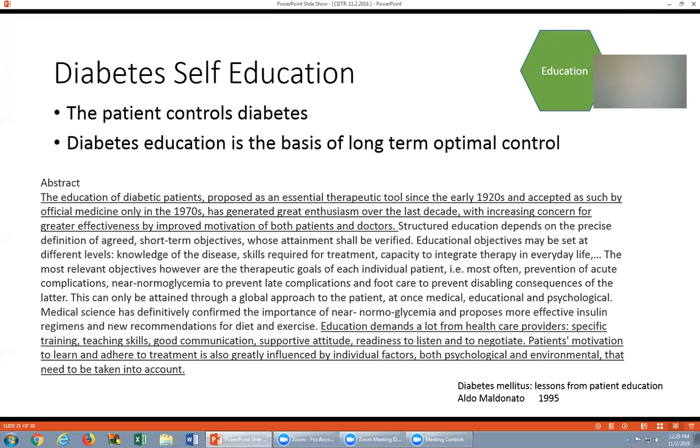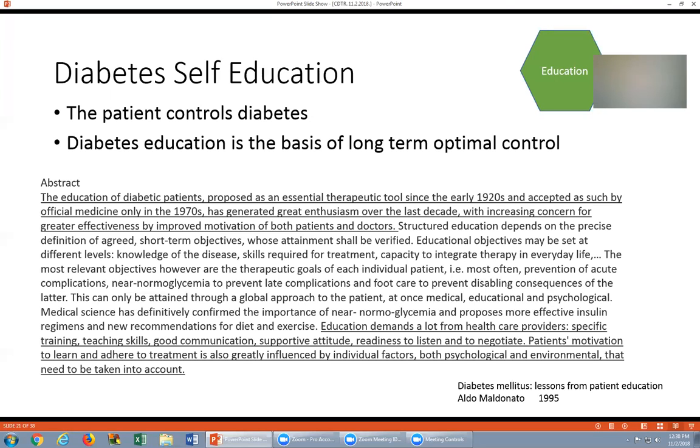Even back in the 1920s, we know that diabetes education was considered very important. Then in the 1970s, it was identified as something where the medical community needs to be involved. And this article is from 1995, emphasizing the need for diabetes education.